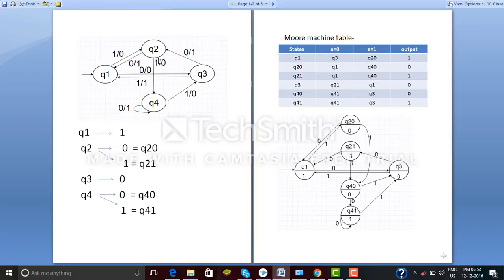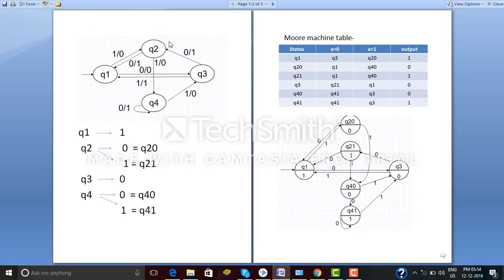Now, we have to convert this Mealy machine to a Moore machine. So, we consider firstly the Q1 state, and we can see these two lines are coming towards the Q1 state by giving output 1. Both have the same output 1, so we consider the Q1 state with output 1.